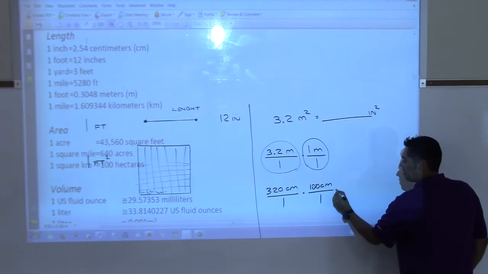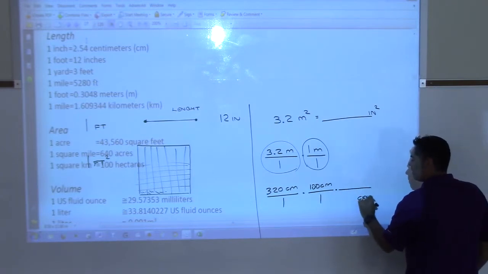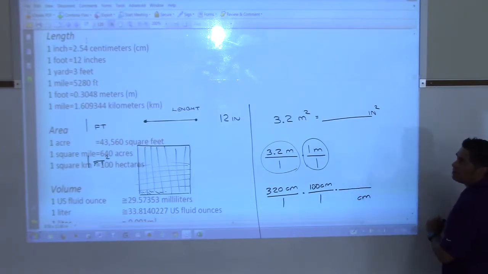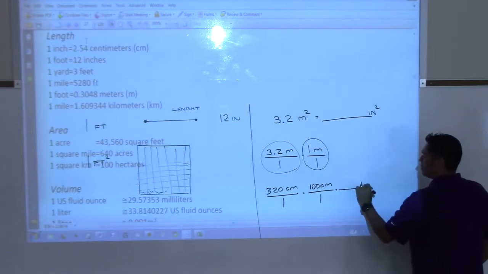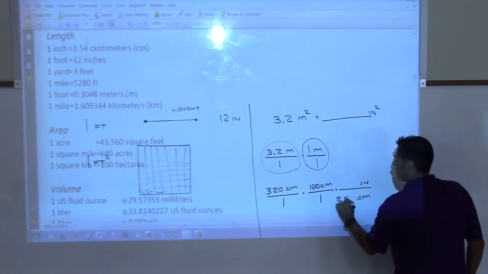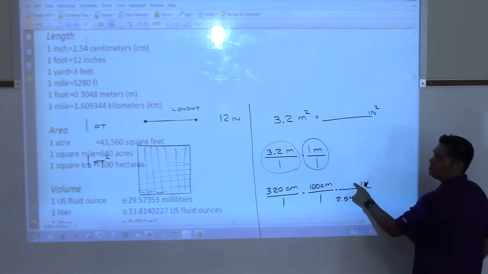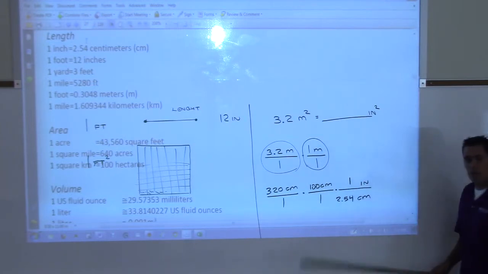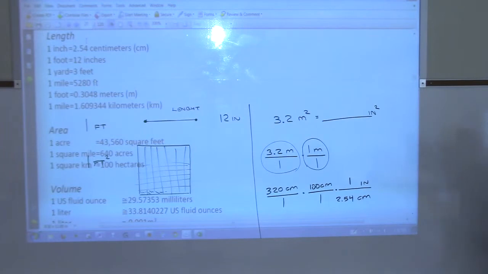So can I just take this and put centimeter right here? Yes. And then what's going to be on the top? The inch. Let's go ahead and fill this in. What goes in front of centimeters? 2.54, right? And inches? 1. And this will allow the centimeters to cancel, right?